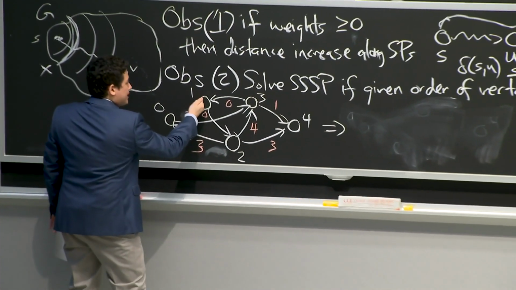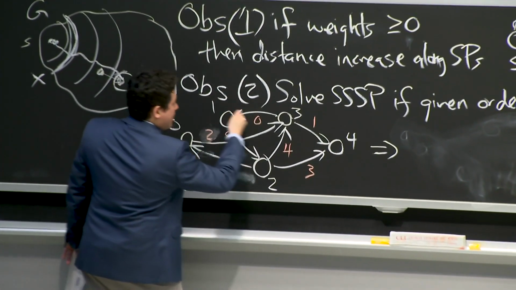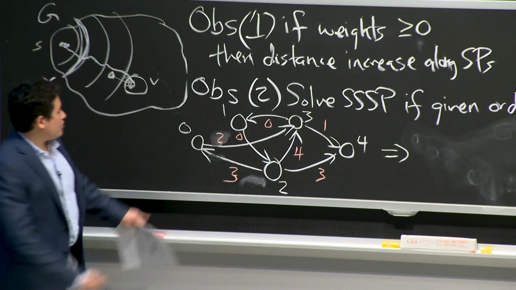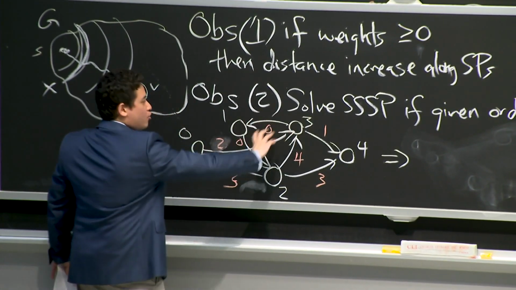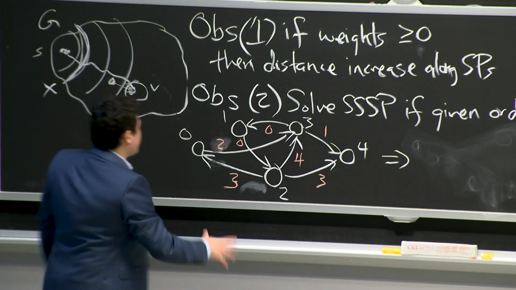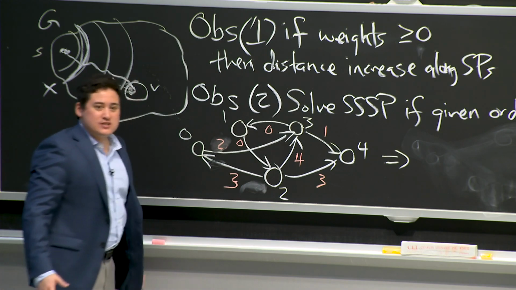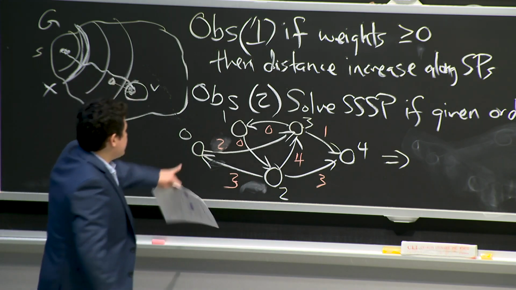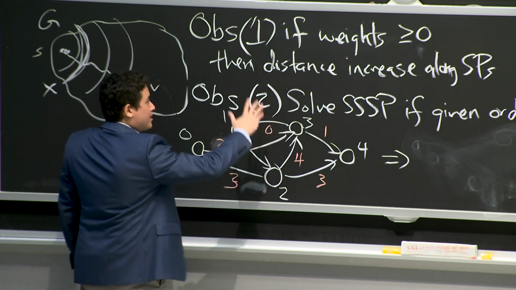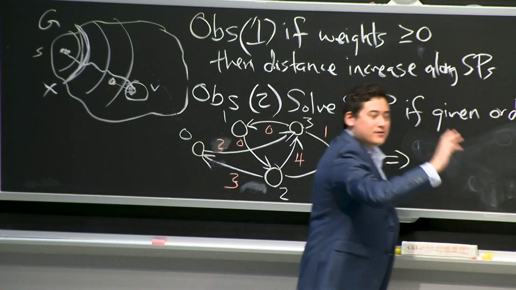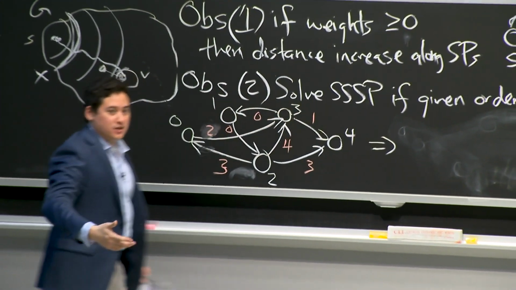So what I could do is I could take this vertex and put it after both of these vertices, and now I could rearrange the order of these 3 vertices where there's a path of length 0 and get a new ordering that still satisfies the property, okay? And that's always the case because paths can't decrease in weight.